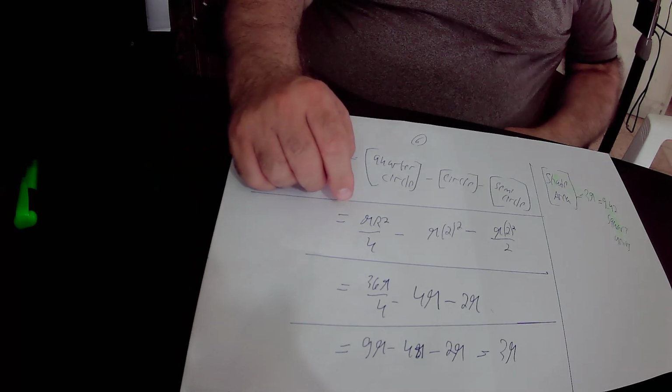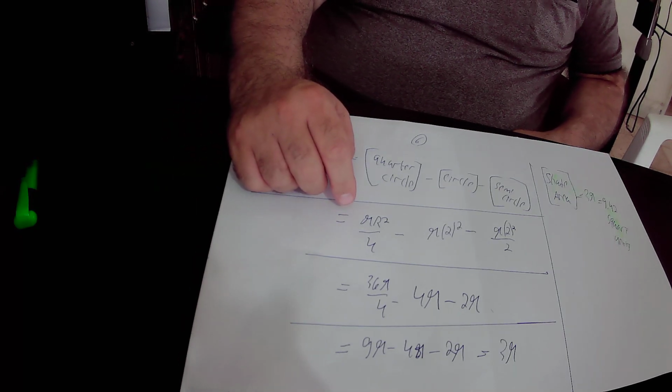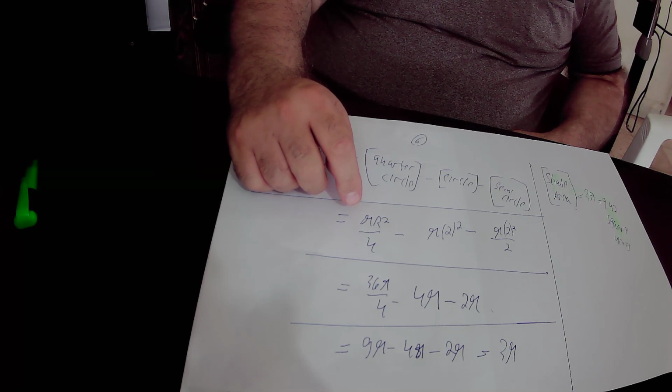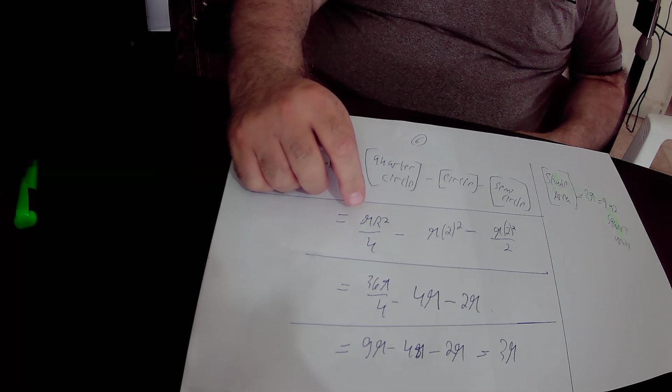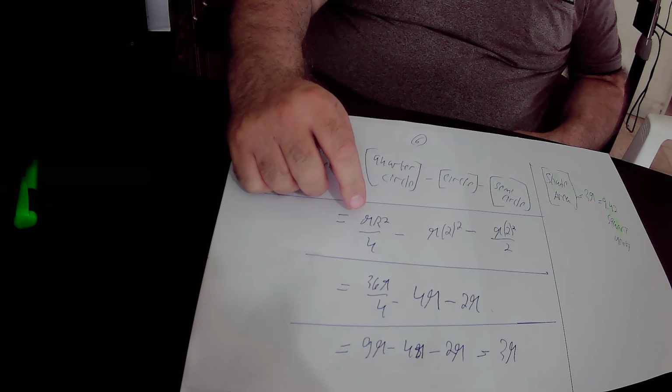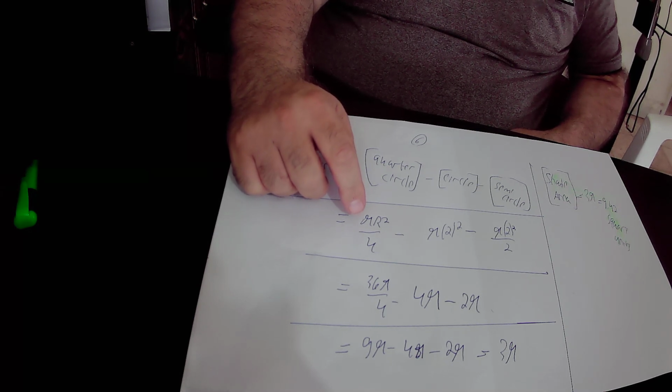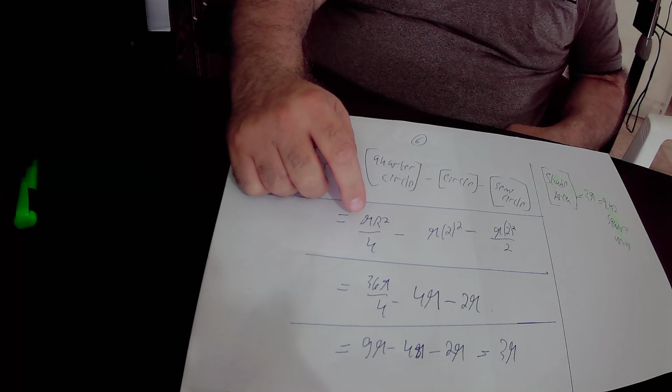So we already found that the radius of the quarter circle equals 6, and the area of the quarter circle equals pi r squared over 4. R equals 6, so r squared is 36.